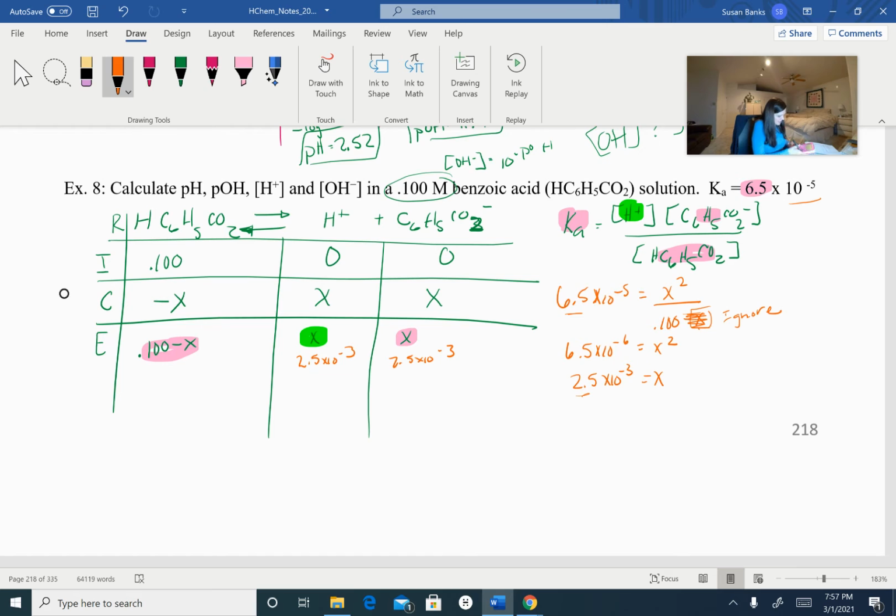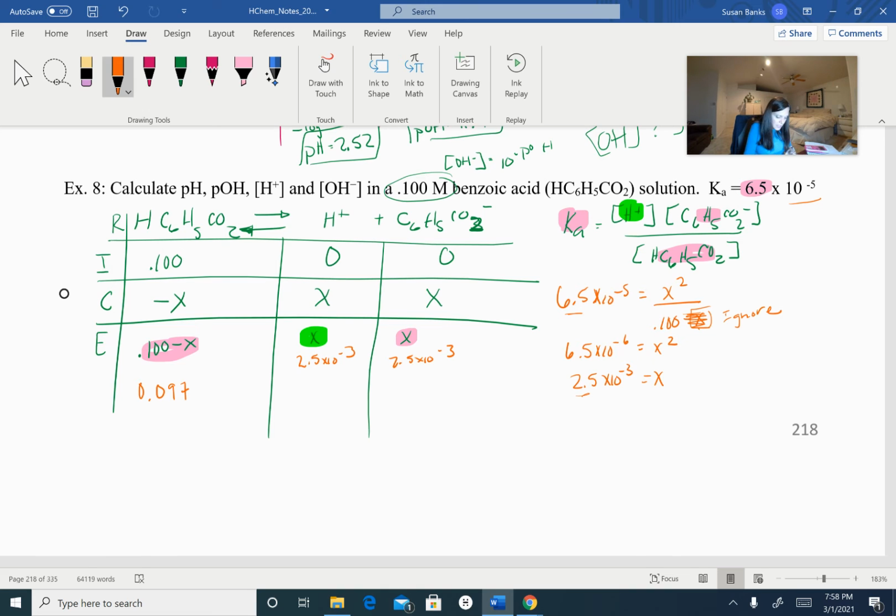0.1 minus that answer gives me, let's see, I really can only go to the thousandth place, so 0.097 is where I'm going to round that.